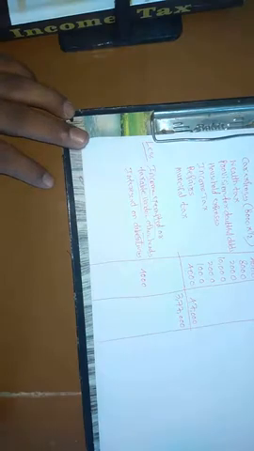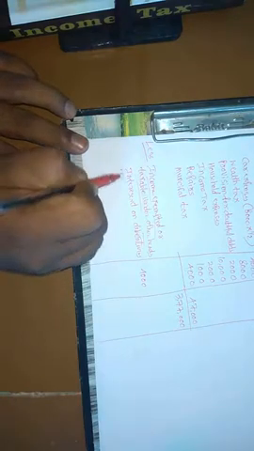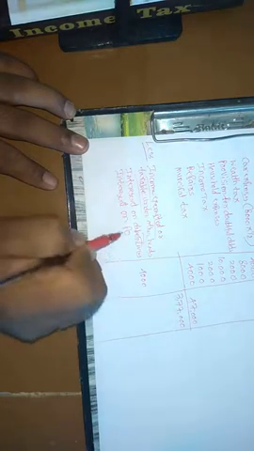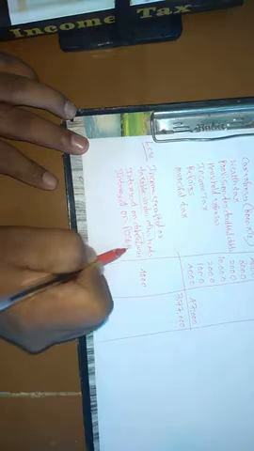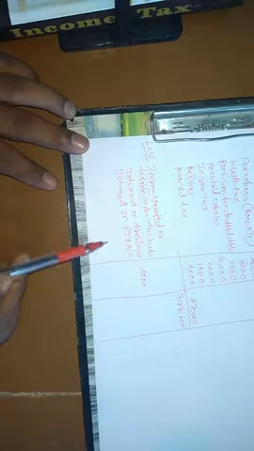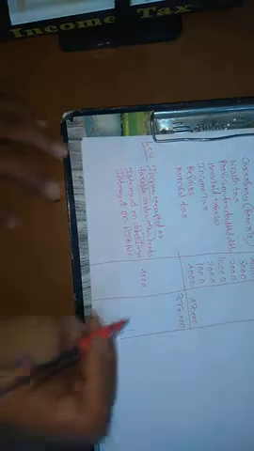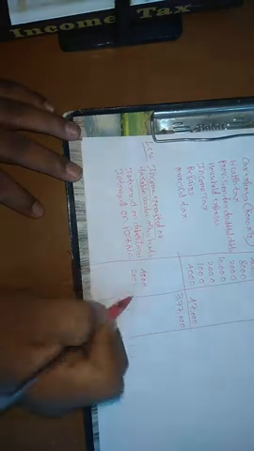Then comes interest on post office savings bank account, POSB. The interest given in the problem is 2,000 rupees. Then comes rent from property.